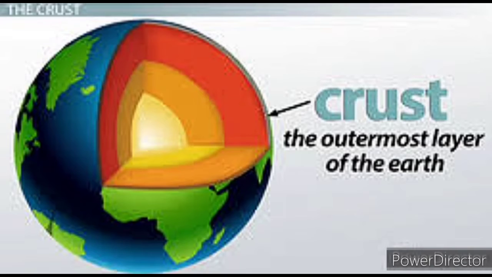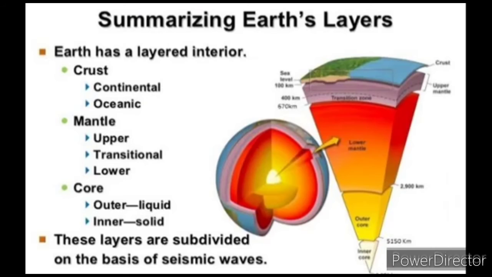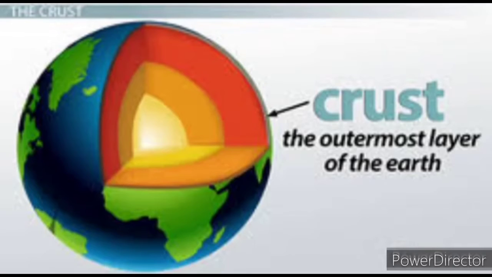First of all, we will discuss the crust. The three layers, the crust, the mantle and the core, are further subdivided into two sections, that is the outer layer and the inner layer. So let's start the chapter.